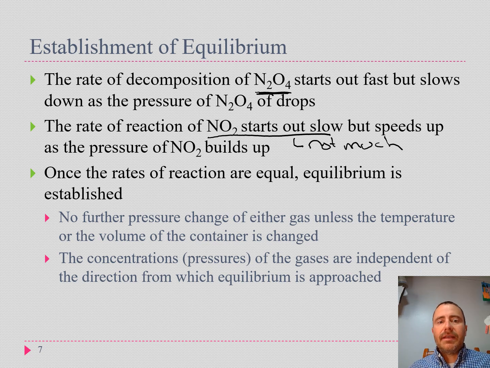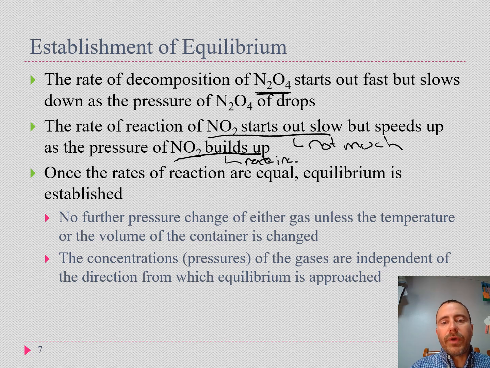But then we're going to be building up more and more NO2, and as we build up more of it, that rate increases. As we get more of them, it's more likely that they're going to collide together. More of them are going to have enough energy to overcome activation barriers and things like that, and so we're going to have that reaction happening faster.